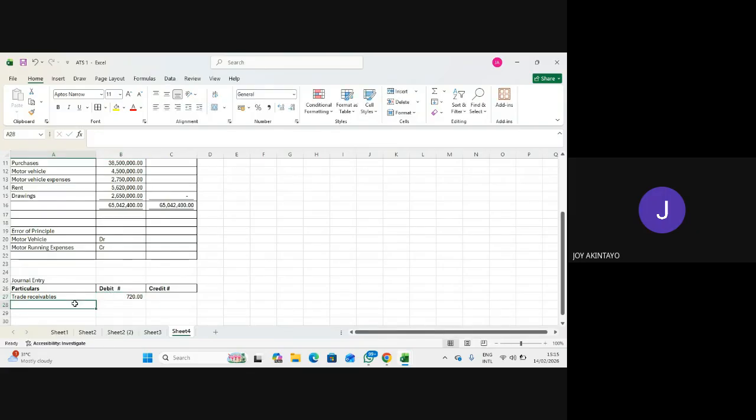Then suspense account will be credited by 720. Are you getting it?